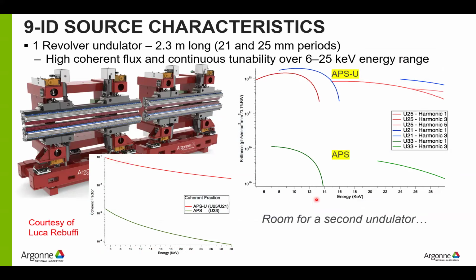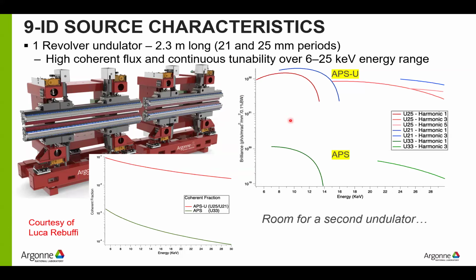Okay, so now I'll transition to telling you about the beamline itself. So going upstream to downstream, I can tell you about our source. Here you see two of these revolver type undulators. At 9ID, we have one installed and space for another undulator, although the plan is for that not to be another revolver, but to be, I believe, a 21 millimeter period device.